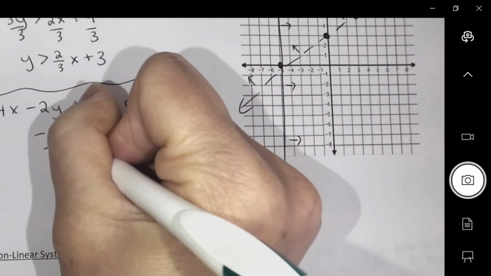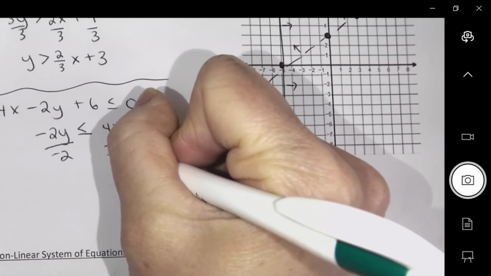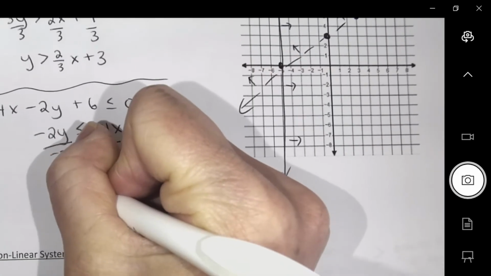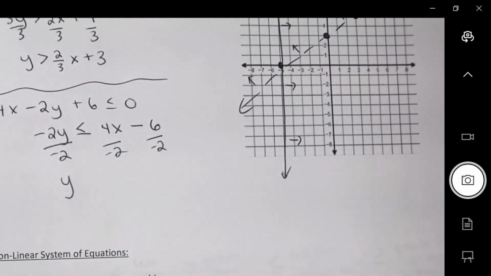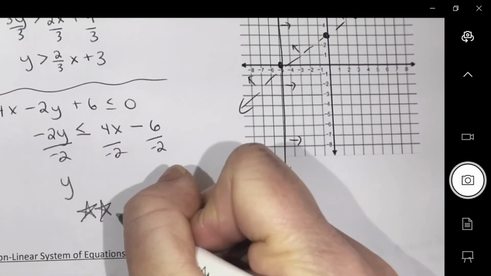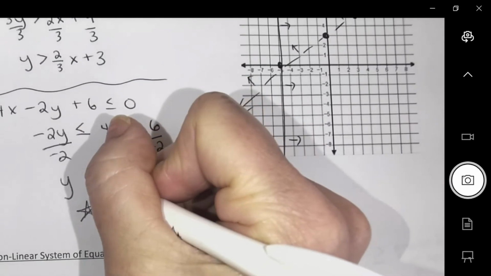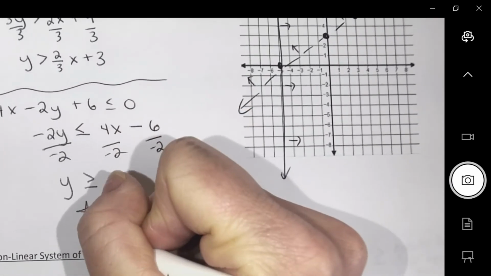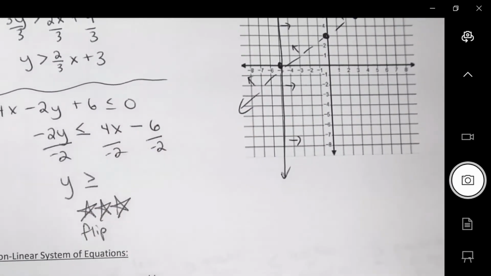To get y alone, I'm going to divide by -2, which makes y alone. And then something crazy is going to happen here. My sign is going to flip-flop directions.